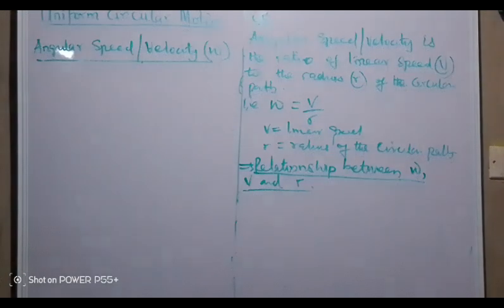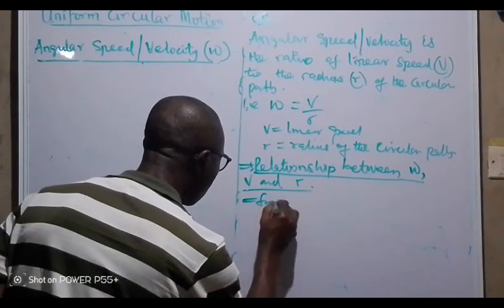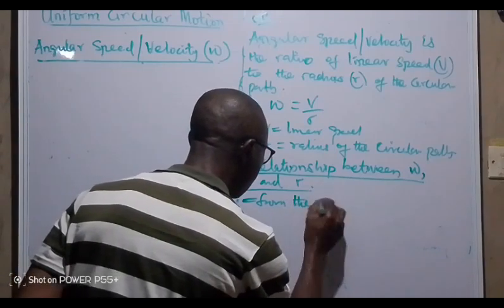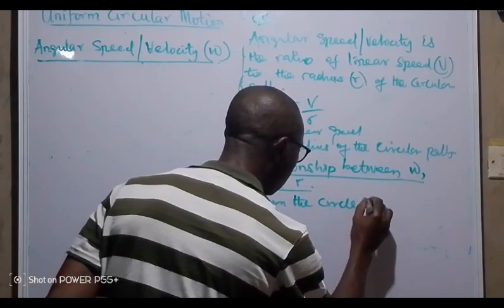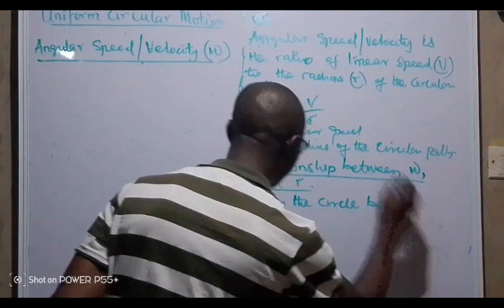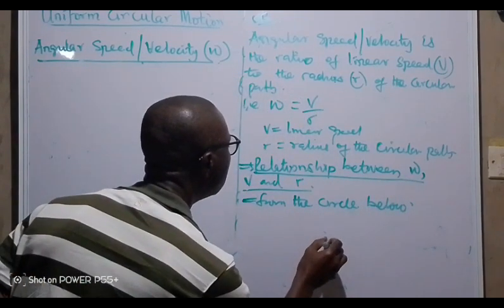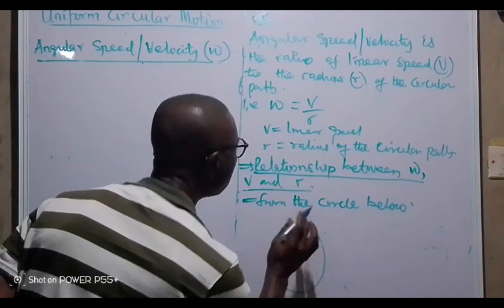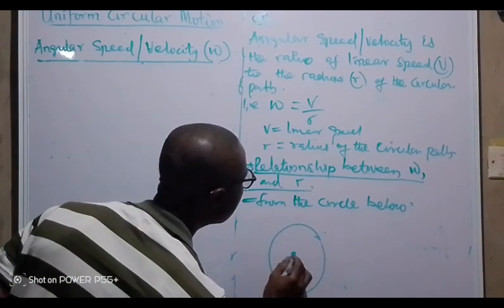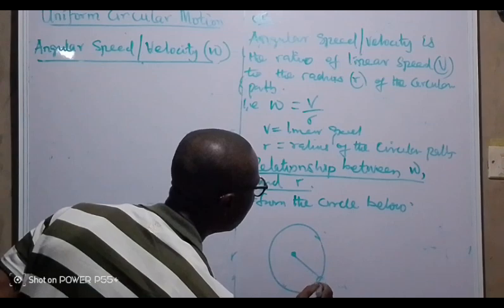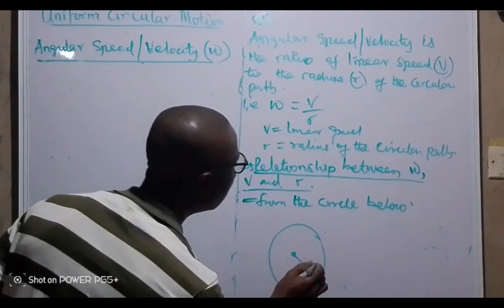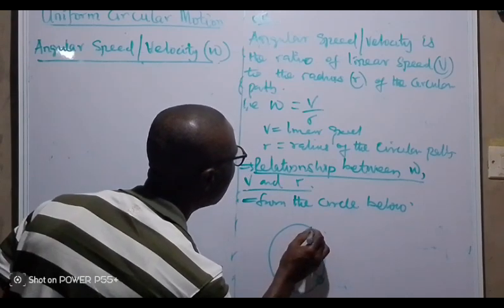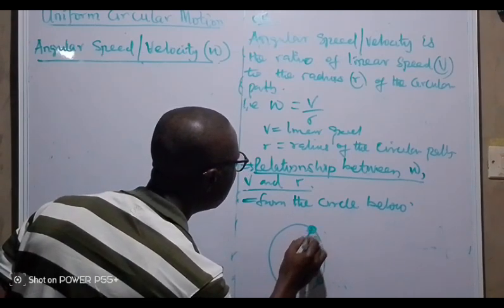Say from the circle below, this is the circle. Let's say an object. This is the center. This object moves, this is a radius. Let's say it moved from here to here. This is another radius.